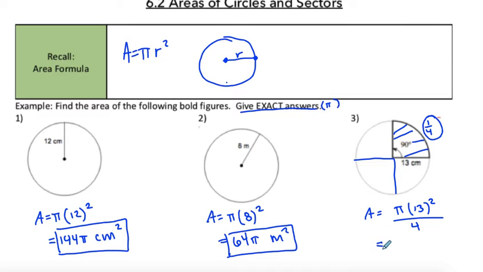So when I plug this in, I get 169 pi over 4 as my exact answer because I divide by 4, since I want 1/4 of it. And the units here would be centimeters squared. So now we took not a whole circle, but a portion of a circle, 1/4 of a circle.